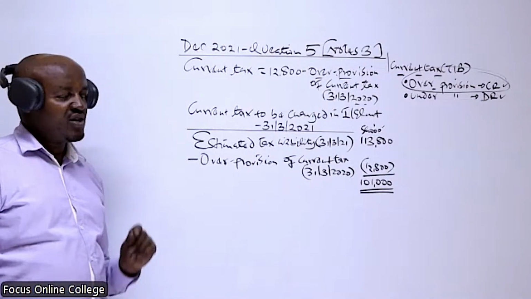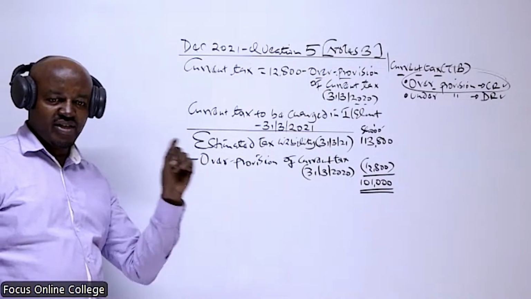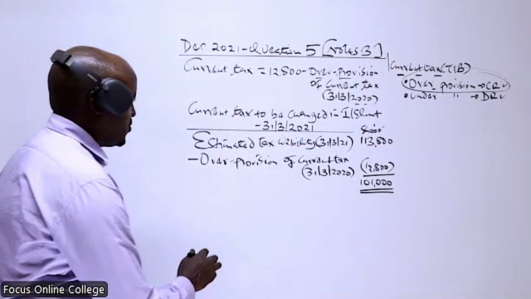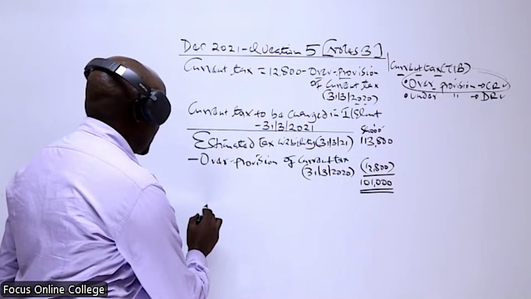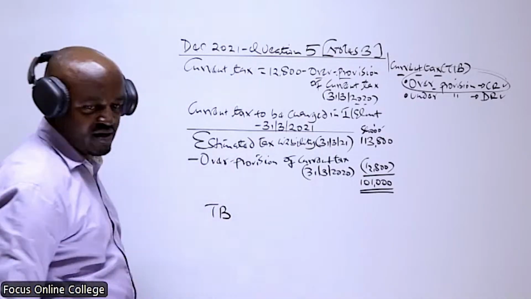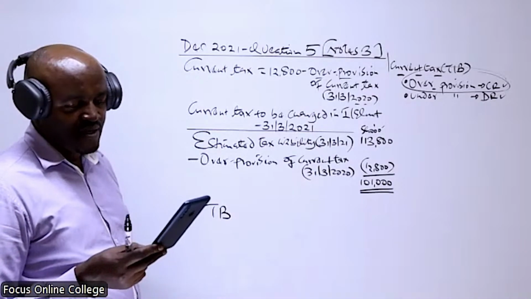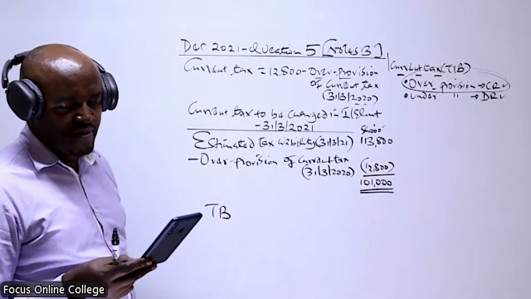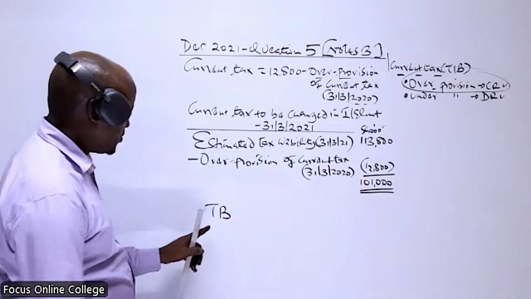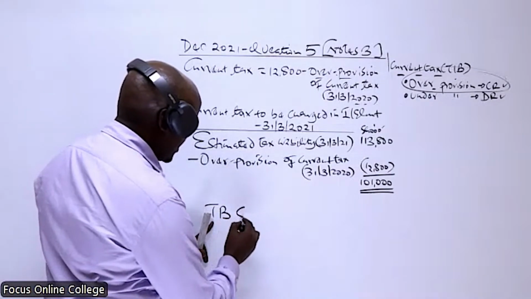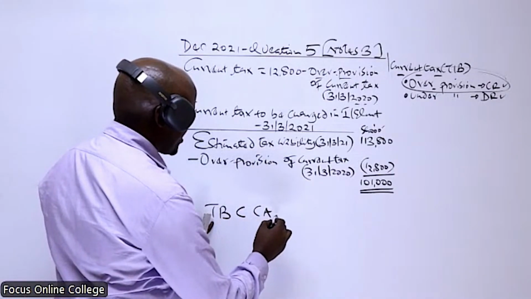But in this case, we need to determine, is it taxable, is it deductible? Because we are told that the tax base of the net asset was 292 million less than carrying amount.